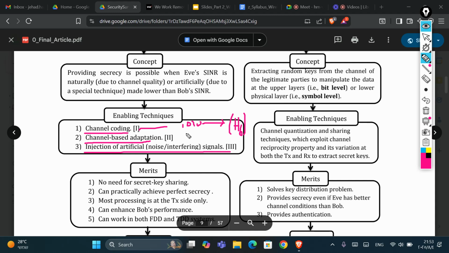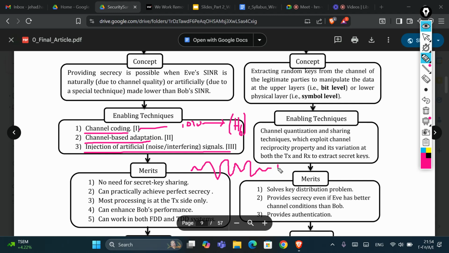In this case, you have your transmitter, your receiver, and an eavesdropper. In the previous lecture, when I was explaining the characteristics and features of the channel that we usually exploit to provide physical layer security, we said that the channel is random and fluctuating, usually like this.